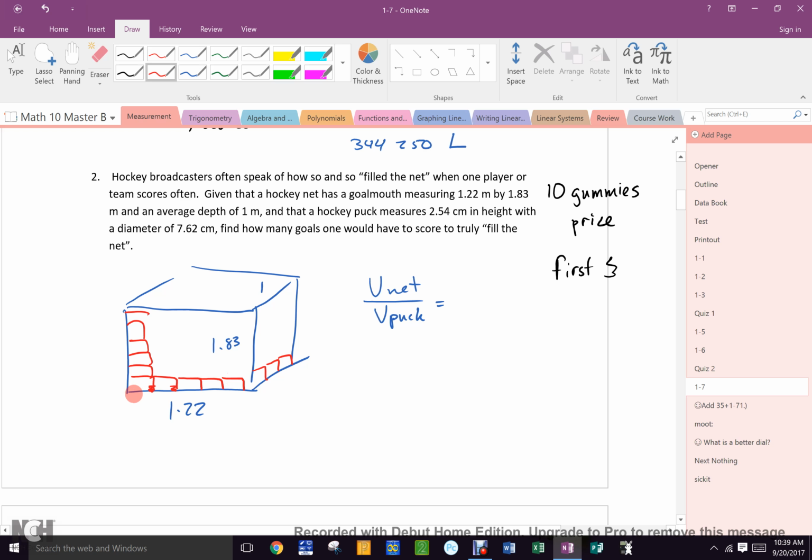So, if the net is 122 centimeters across and pucks are 7.62 centimeters across, I can fit that many pucks across the front of the net, can't I? How many is that?